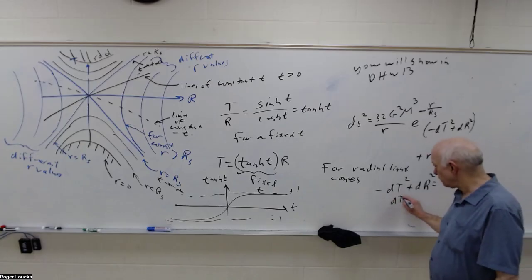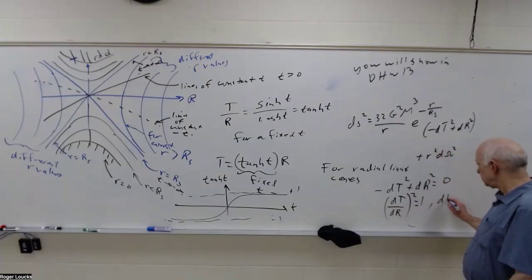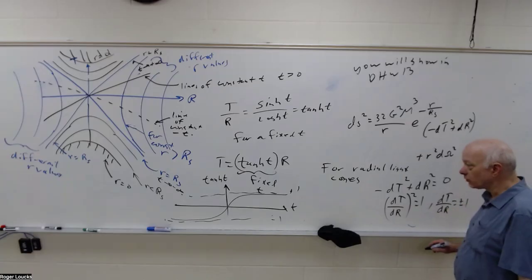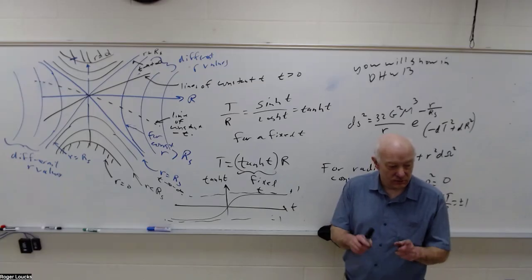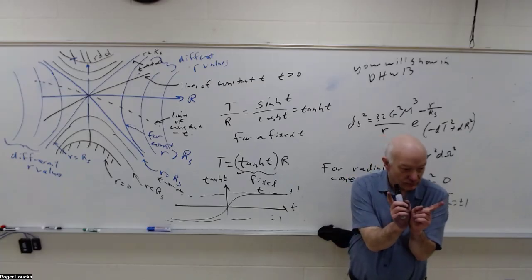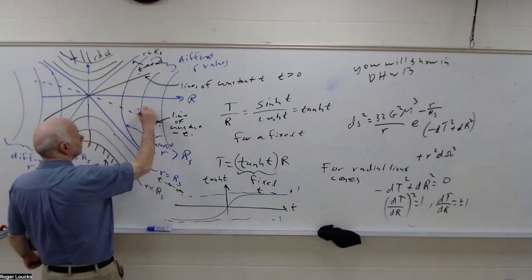So your dt over dr squared equals 1, so dt/dr is plus or minus 1. So what do these look like no matter where you're at? The straight 45-degree ones that we had before. That looks beautiful.